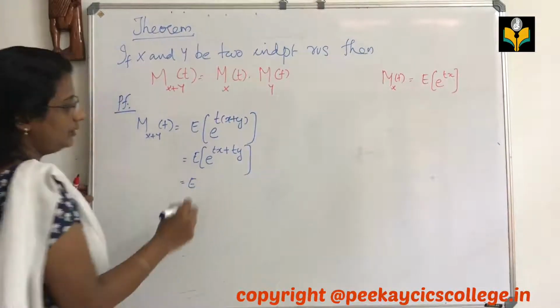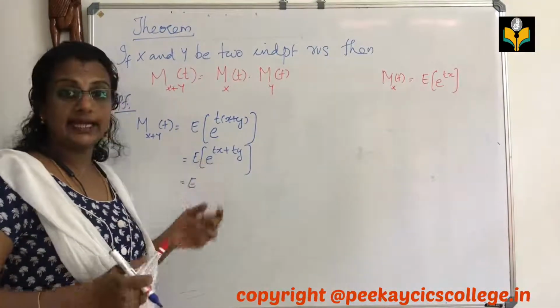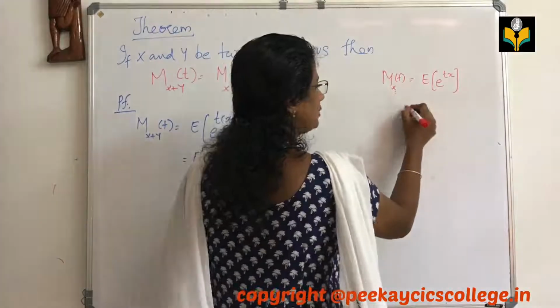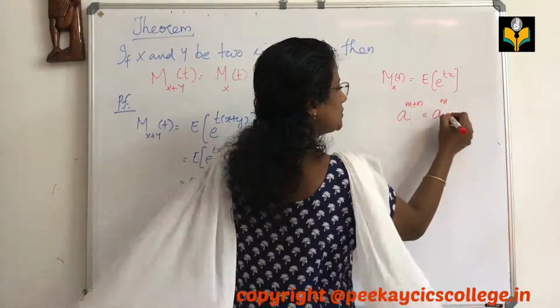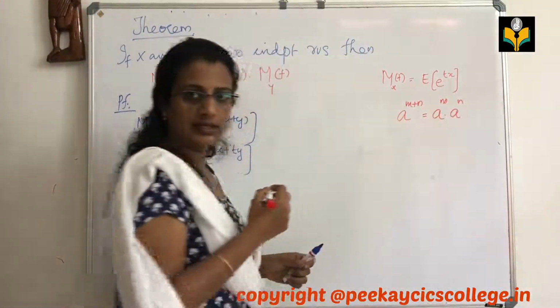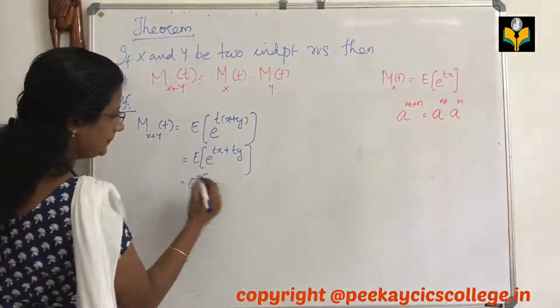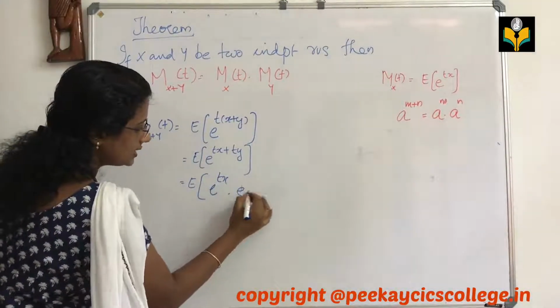Clear? Okay, we can use the identity principle here. You have already studied about the identity principle: a raised to m plus n equals a raised to m into a raised to n. Right, we can apply this property here. What is here? E raised to tX into e raised to tY.